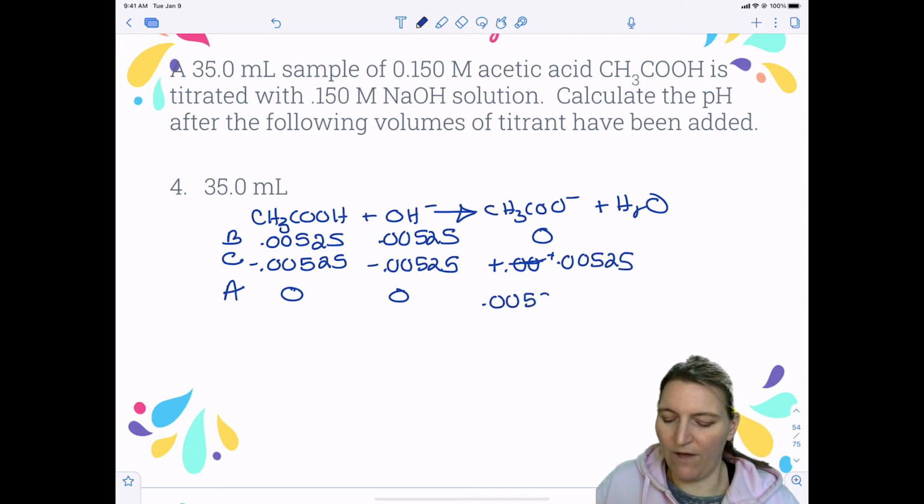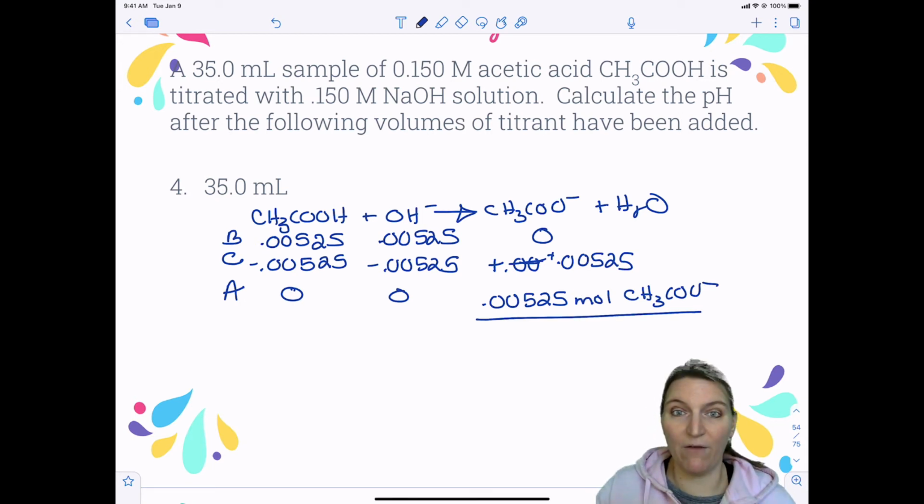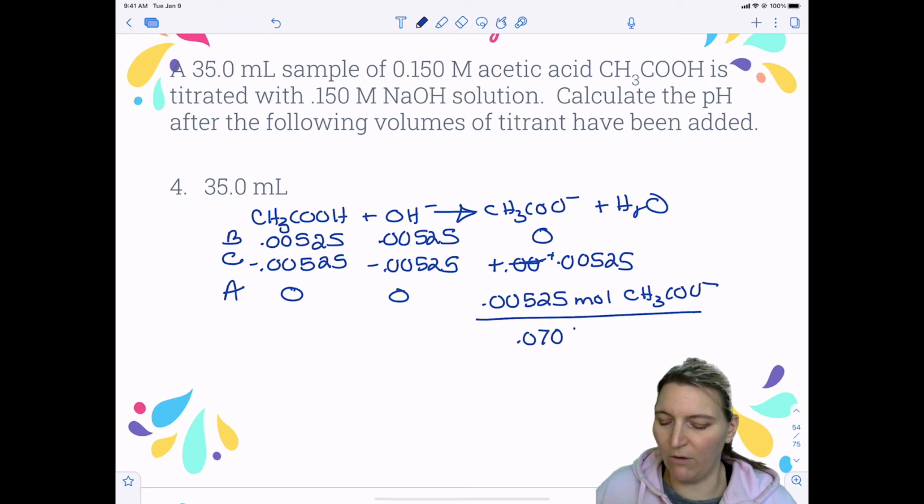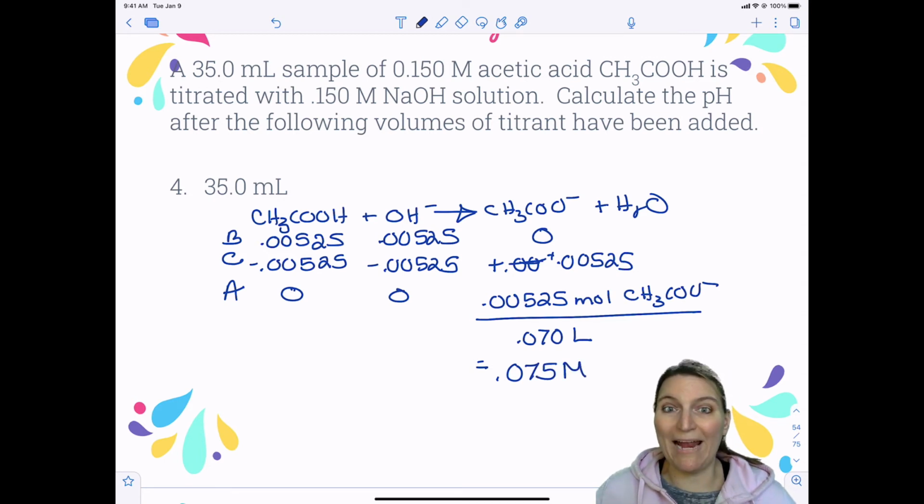So 0.00525 is my moles of the acetate ion, the conjugate base. And now I divide that by the volume. 35 milliliters and 35 milliliters is 70 milliliters, or 0.070 liters. When I divide those, I get 0.075, and this is the molarity of my acetate.